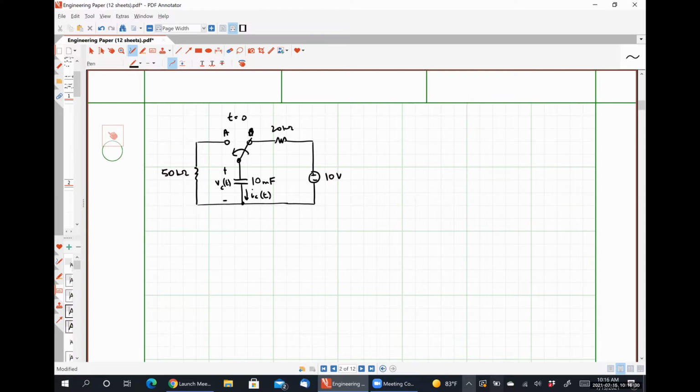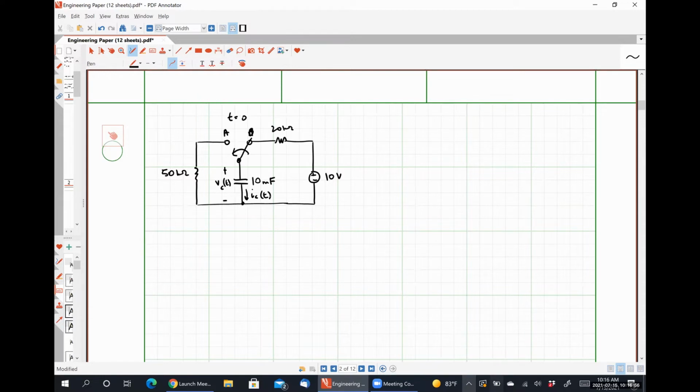At t equals 0, that switch changes positions and the capacitor is instantaneously disconnected from that source network and connected instead to that single 50 kilo ohm resistor, leaving us with a simple RC network where we're trying to find out what the voltage signal and current signal behave like after the switch closes.